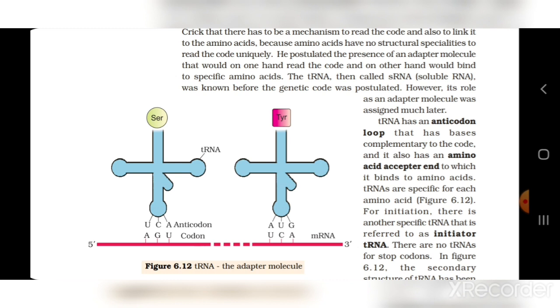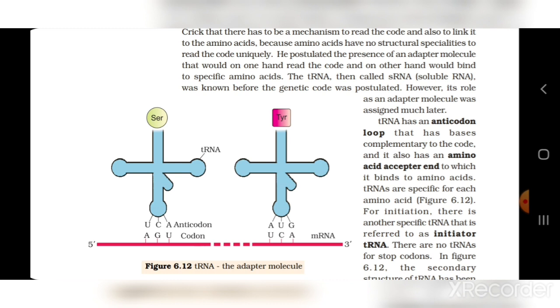The second part is the amino acid receptor end, which is the opposite end of the anticodon loop, and binds the amino acid. The third is the T loop, which helps in binding the ribosome, and the fourth is the D loop, which helps in binding the aminoacyl synthetase, the enzyme required for translation.